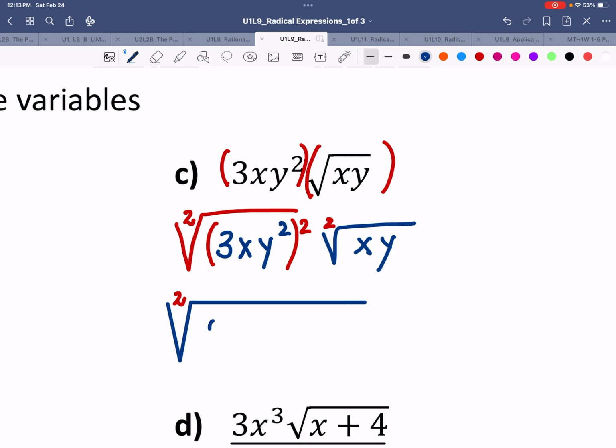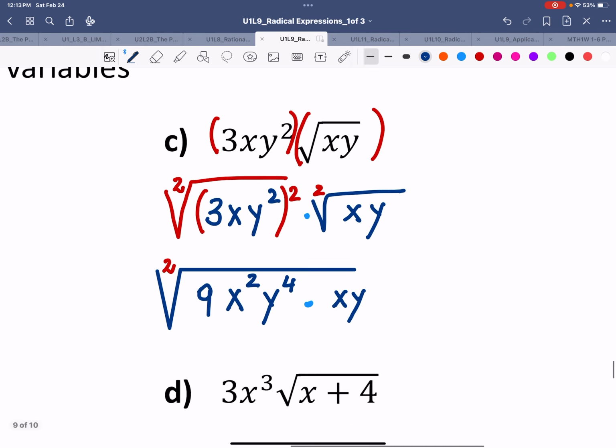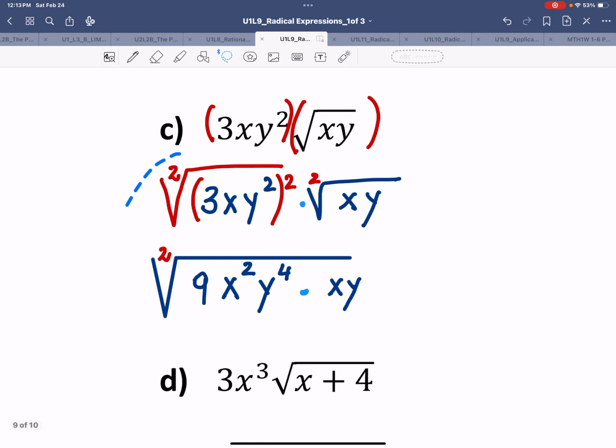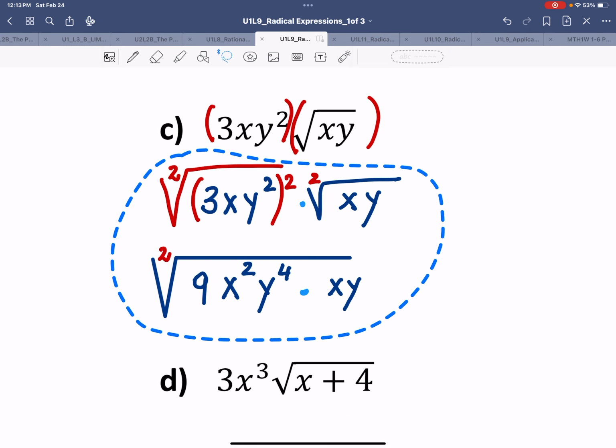So that means we have 3 squared, which is 9, x to the power 1 squared, which is x squared, and y squared to the power of 2 is y to the 4, multiplied by x times y. So multiplied by x times y here. Now, it's the same multiplication, and now we have to express it as a single radical or as an entire radical.